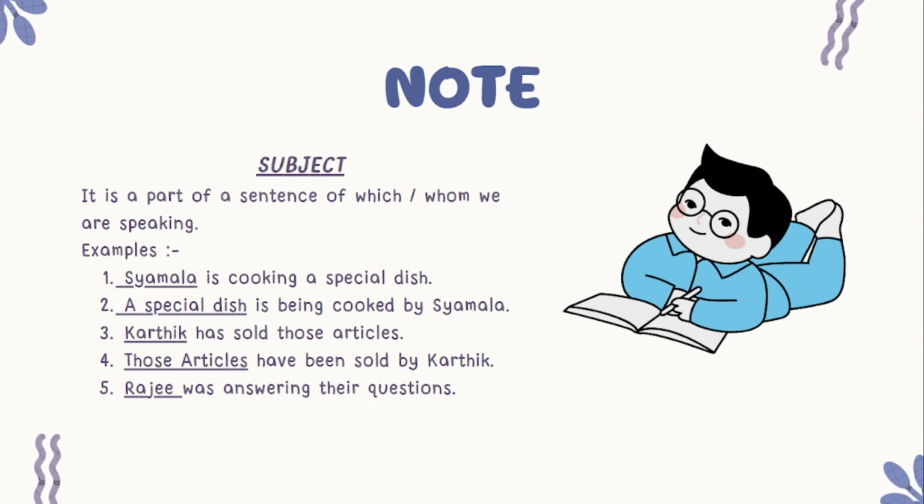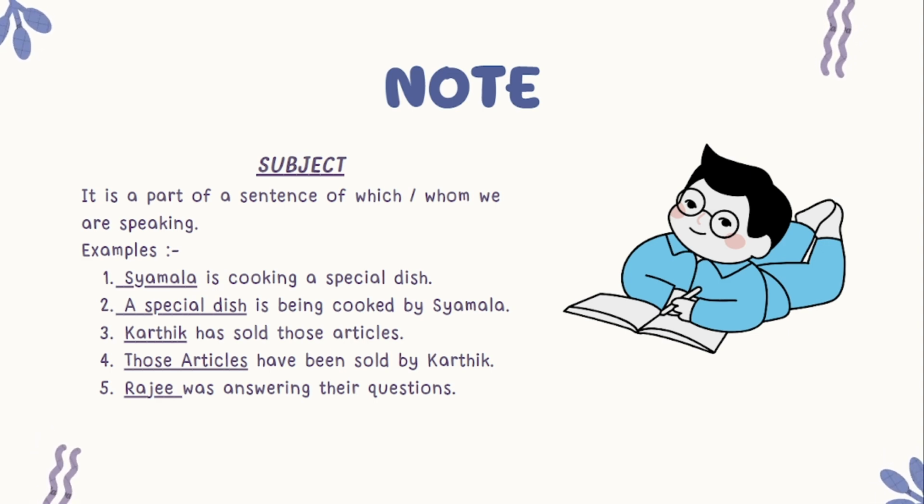Let me explain one point to you. The one to whom or which priority is given is written at the beginning of the sentence. That is considered as subject. In the first example, the priority is given to Syamala. That is why the word Syamala is written at the beginning of the sentence. Here observe it. Syamala is a part of a sentence.